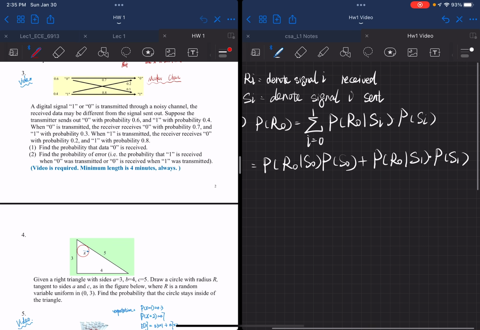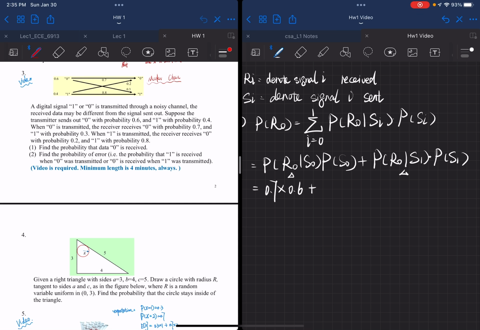And based on what is known in the problem, the probability that signal 0 is received given that signal 0 is sent equals 0.7, and the probability that signal 0 is sent is 0.6.